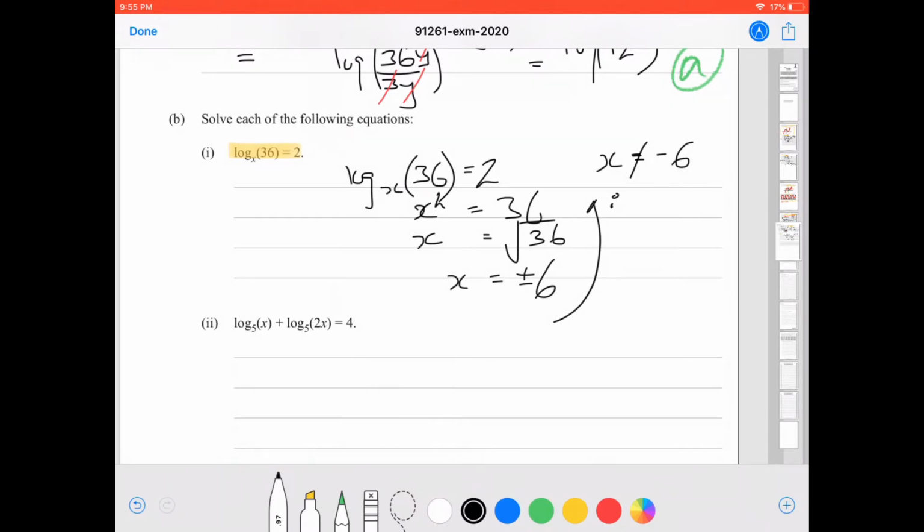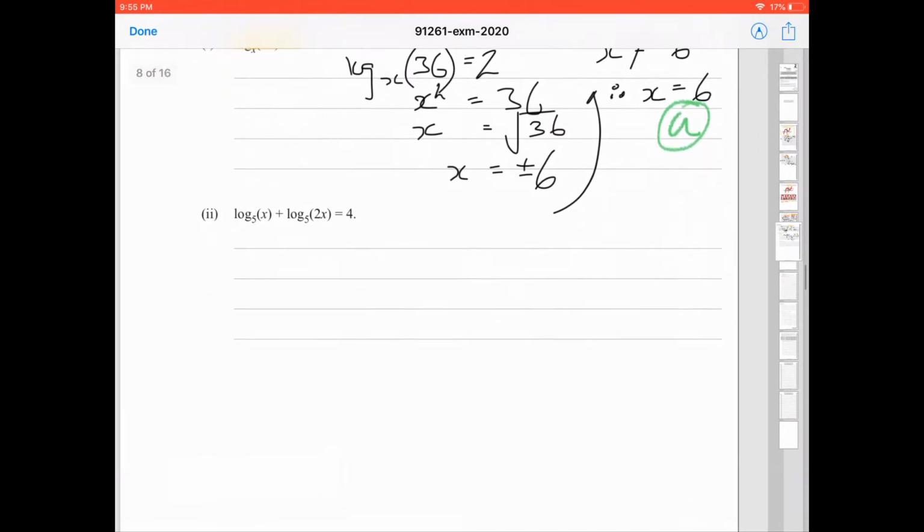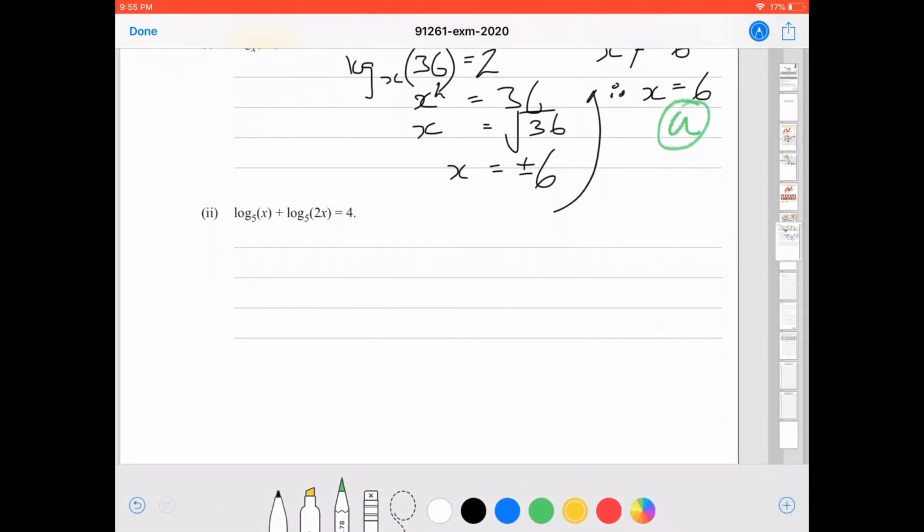X does not equal negative 6, therefore x equals just positive 6 only. Okay, this correct solution gets you, again, an achieved. Moving on to question 2b2 now. We've been asked to solve this equation, log 5x plus log 5(2x) equals 4.